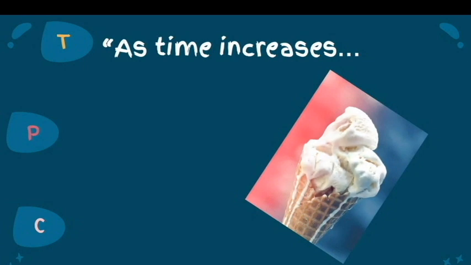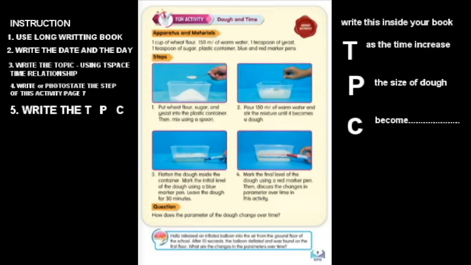Maybe we can say that as time increases, the texture of the waffle or the cone becomes soggier. It is holding liquid instead of being solid, because of the ice cream. So now it is soggy. Okay, so those are other examples for using space-time relationship.